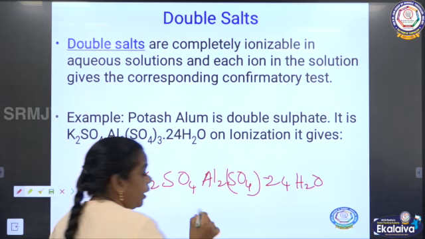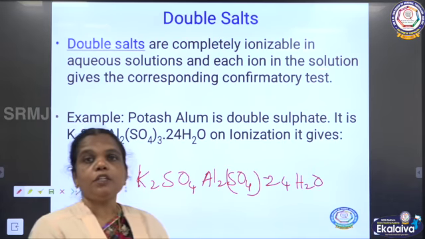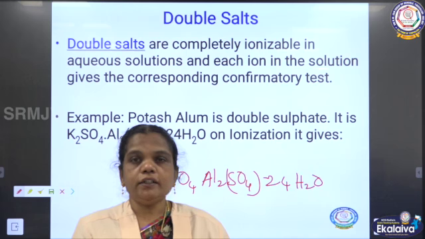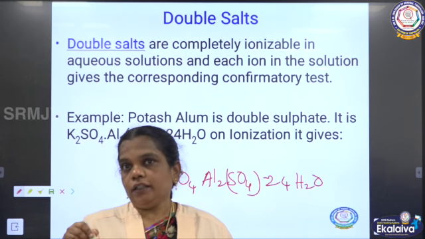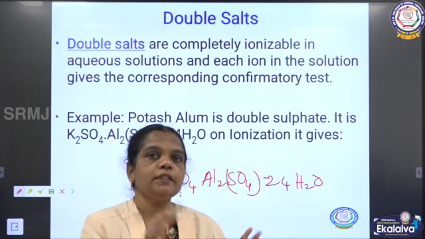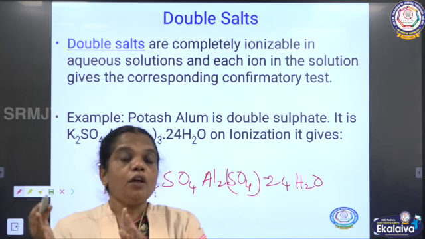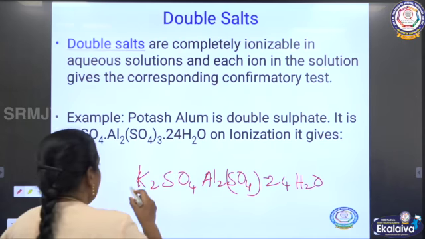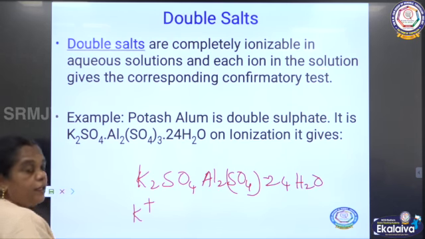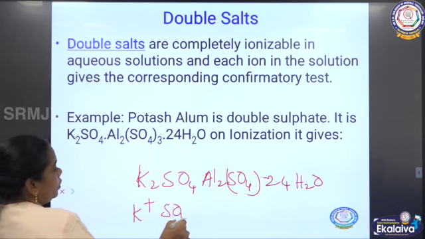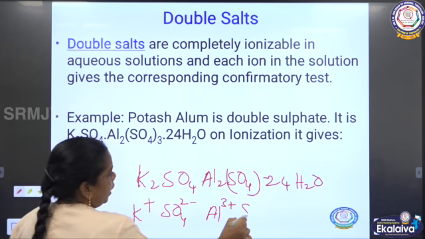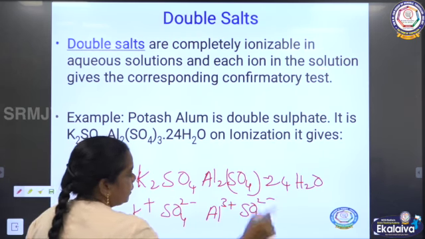Here they can dissociate into respective ions in solution, but in a coordination compound in aqueous solution, there are two parts: one is the ionizable part and the other is the non-ionizable part. Now you can see this dissociates into K plus, SO4 2 minus and Al3 plus and SO4 2 minus like this.